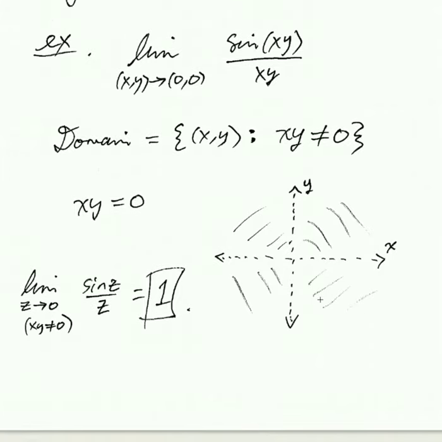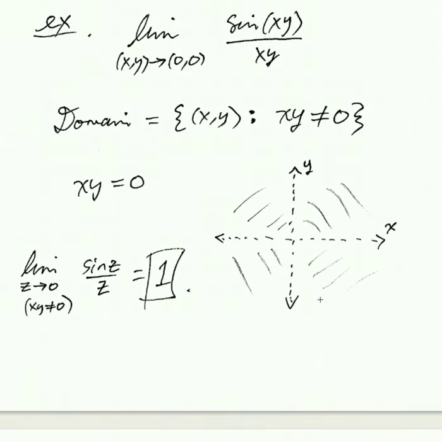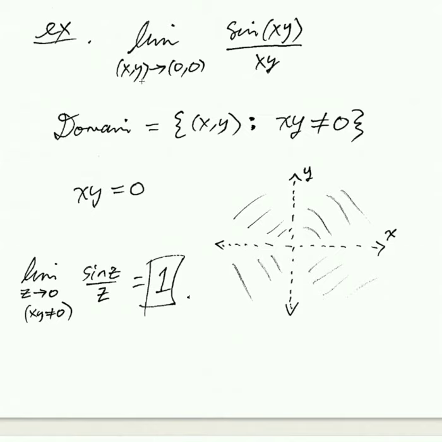Here's what some people do with the definition when taking the limit as x and y approach 0, 0. Remember our definition for the limit of a two-variable function. Some people, in defining the limit, say you do not have to consider that the function doesn't exist at 0, 0 or along these two coordinate axes.